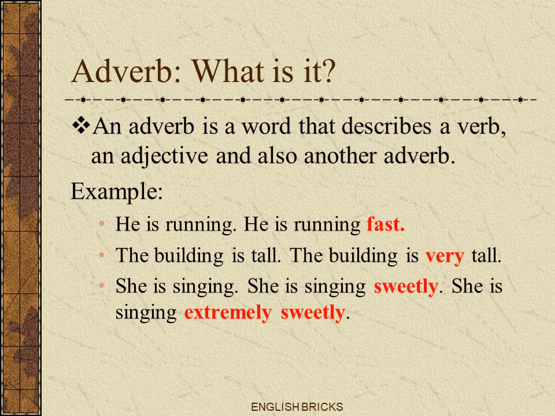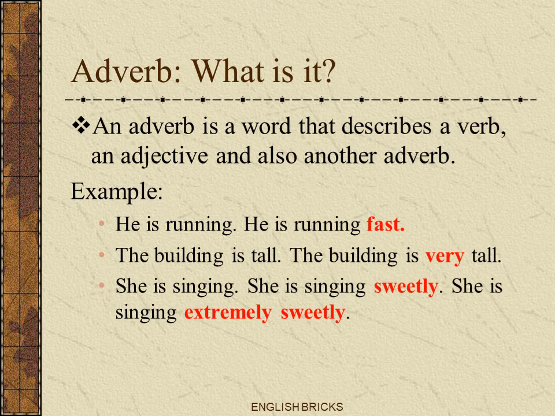Now, look at the next sentence. She is singing extremely sweetly. How sweetly? Extremely sweetly. So, the word extremely is giving you more information about the word sweetly. Now, sweetly is an adverb, and extremely is also an adverb because it is giving you more information about the adverb sweetly.